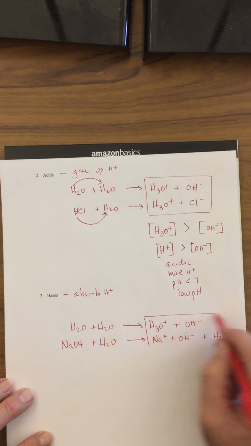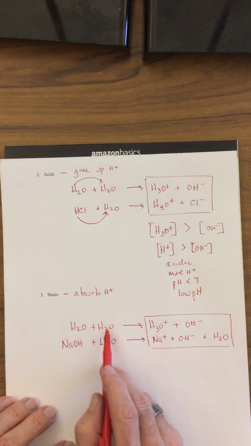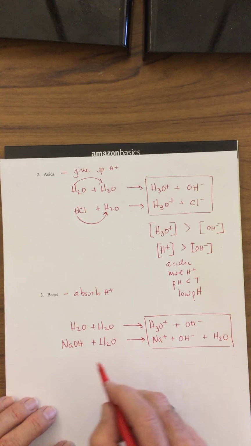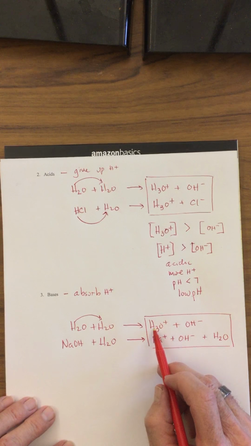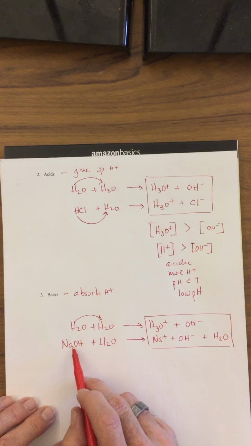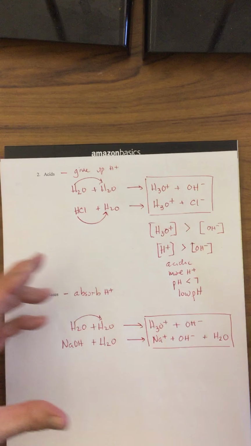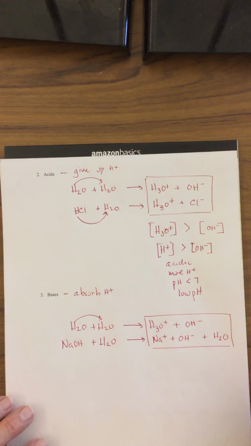So let's take a look, and we're going to analyze what's inside my box here. Here's the two waters. These, remember, they bump, okay? So that's transferred to there. So now we have an acid and we have a base. This just actually dissolves. It falls apart into an Na plus and OH minus. The water is not affected by this.